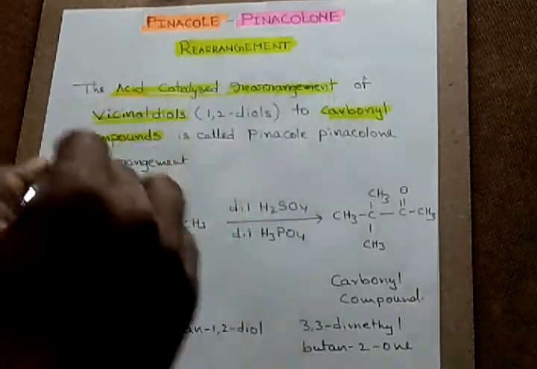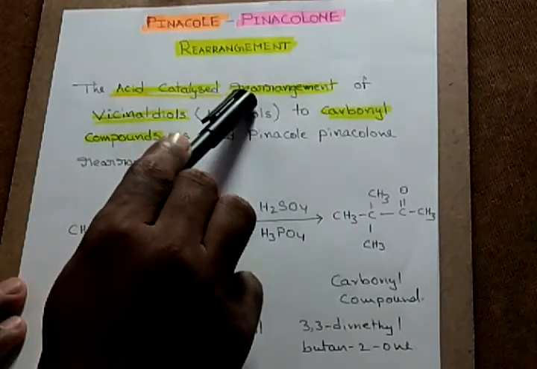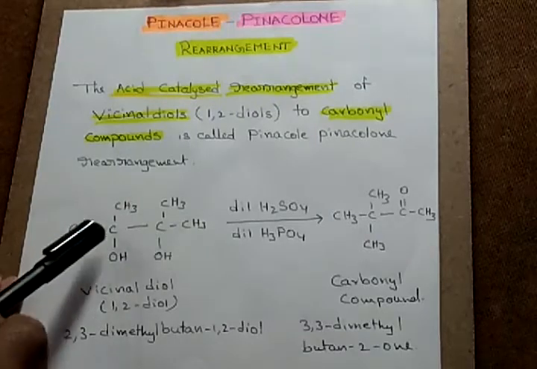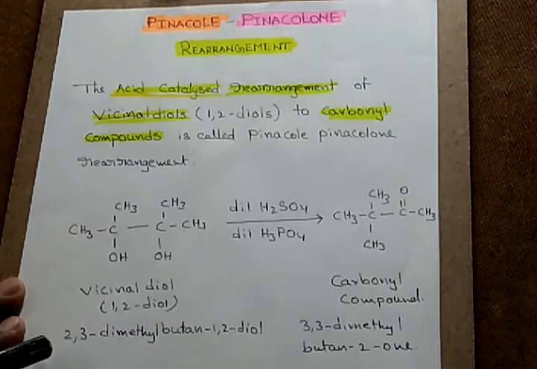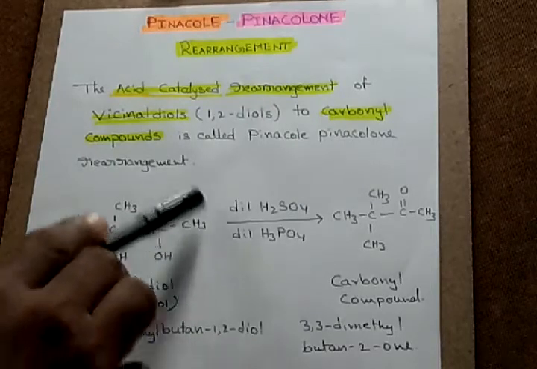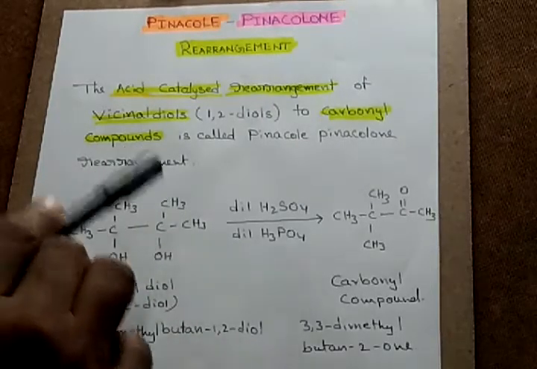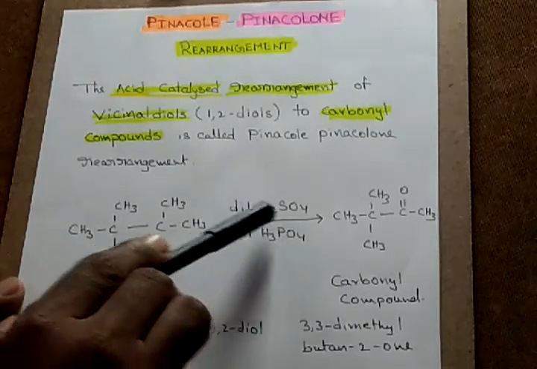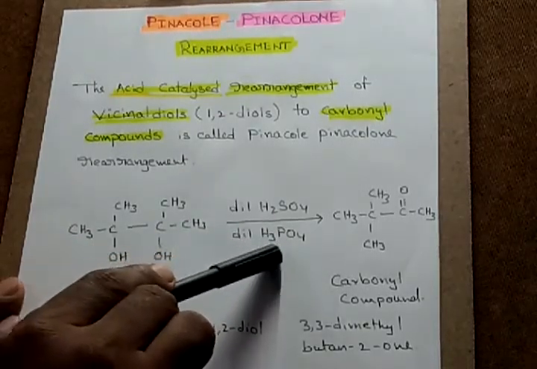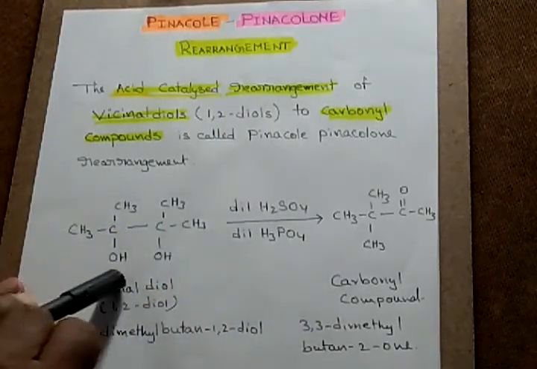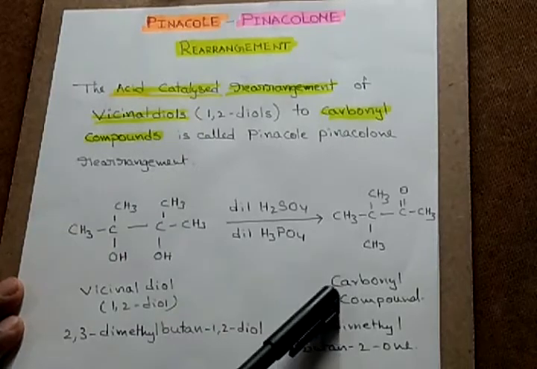The type of reaction that is taking place is the rearrangement. For example, if you start with a 1,2 diol, that is 2,3 dimethyl butane 1,2 diol, as the reactant, and subject this molecule to react with dilute H2SO4 or dilute H3PO4, like dilute mineral acids, this diol is converted to a carbonyl compound.